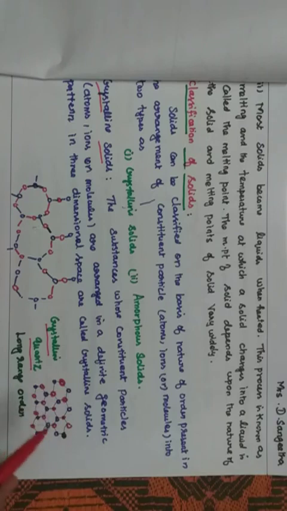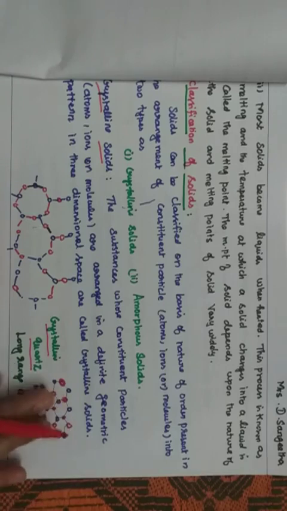Like that, the arrangement is regular. Red indicates one kind of atom present in the solid, and blue indicates another type. There are two different types of atoms arranged in the crystal. Suppose you consider quartz: quartz glass consists of silicon dioxide, where silicon atoms and oxygen atoms are arranged in a regular manner.